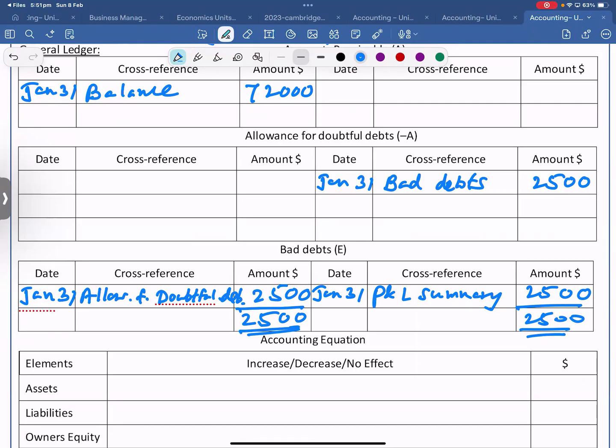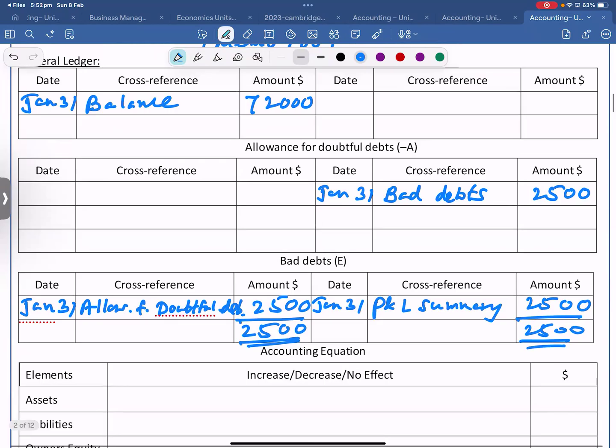Then what do we do with the allowance for doubtful debt? We balance it.